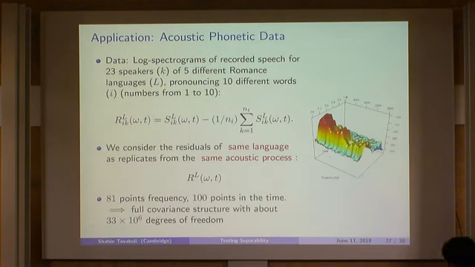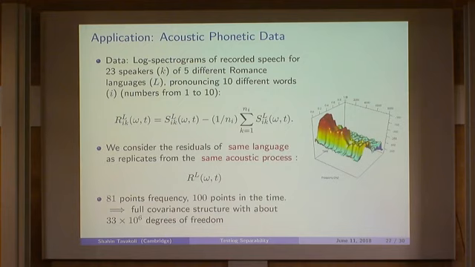So that was for numerical experiments, and now an application to linguistics. The data we have are log spectrograms for 23 speakers indexed by k from 4 different Romance languages indexed by l, and each of them is pronouncing 10 different words indexed by i, the numbers from 1 to 10.